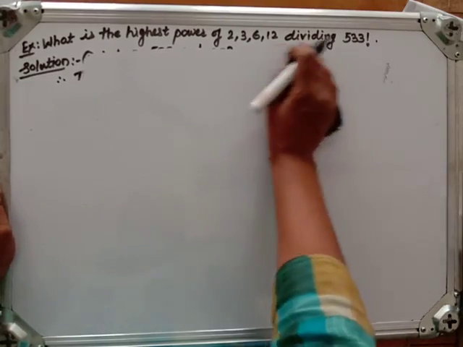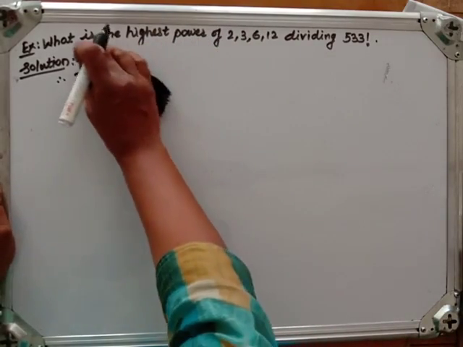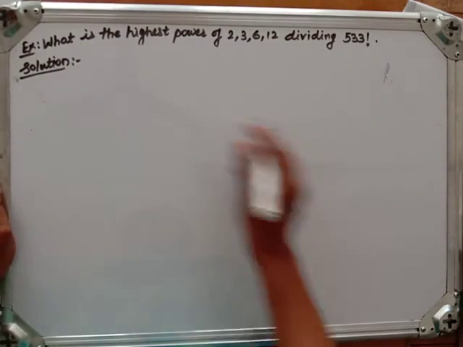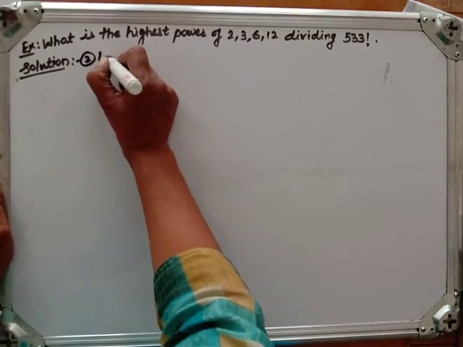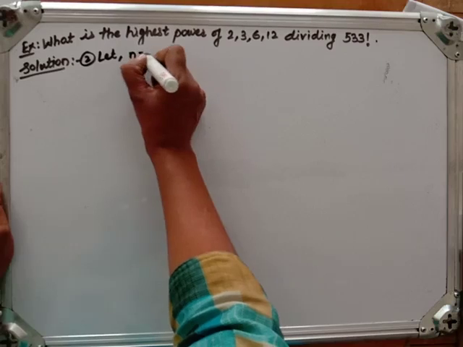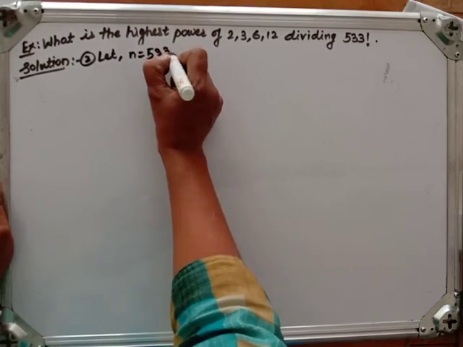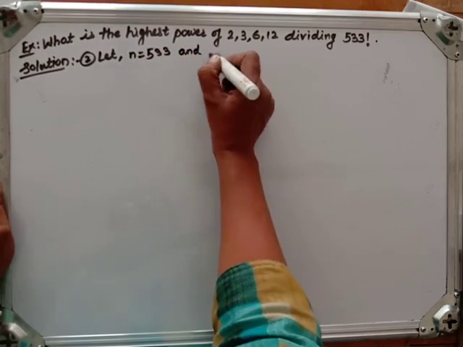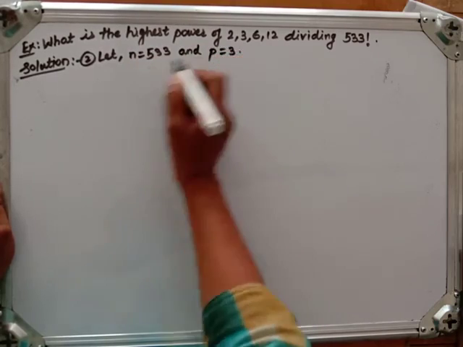That will be the second part here. So, 2: let n equal to 533 and p equal to 3.